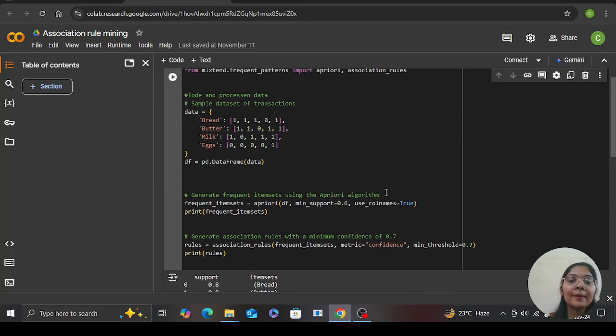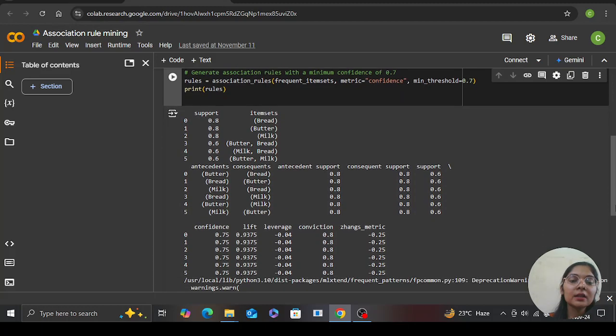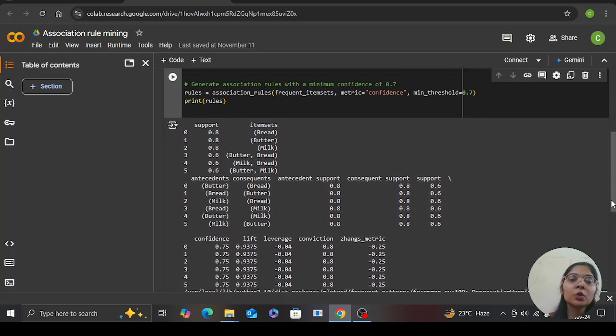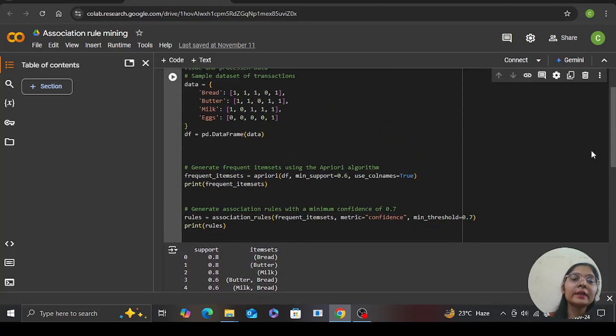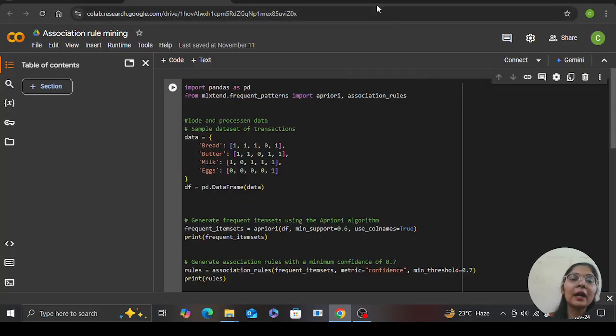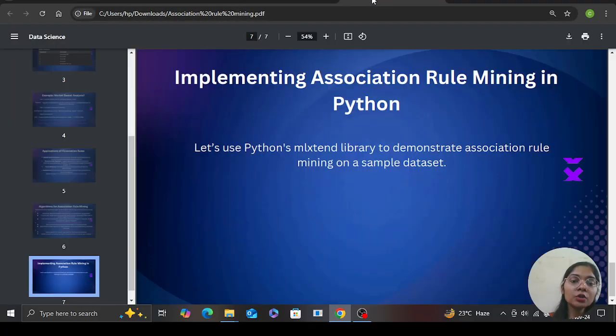Applying this algorithm, we get our data set in such a way which is based on association rule mining. So this is the example of how we can apply association rule mining with Python.